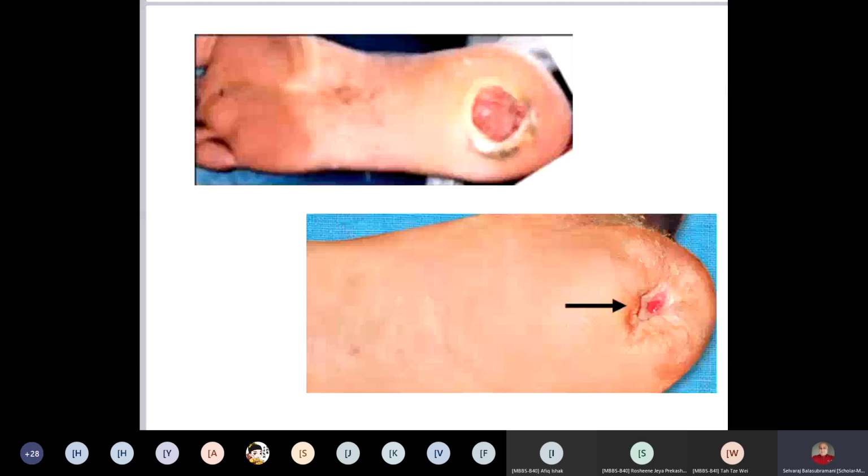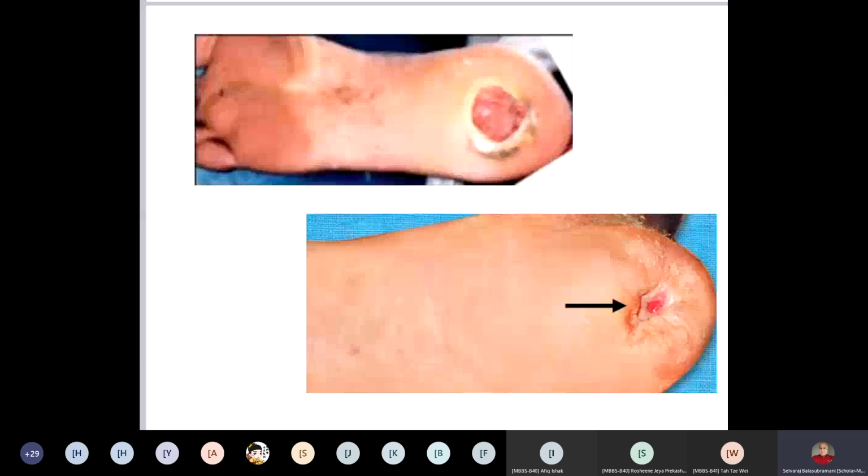So these are the three causes for development of an ulcer in a diabetic patient. And usually this happens over bony prominence. While we are walking, a lot of pressure will be over the calcaneum. Because there is no sensation, decreased blood supply, and tissues studded with glucose, these patients develop these ulcers.